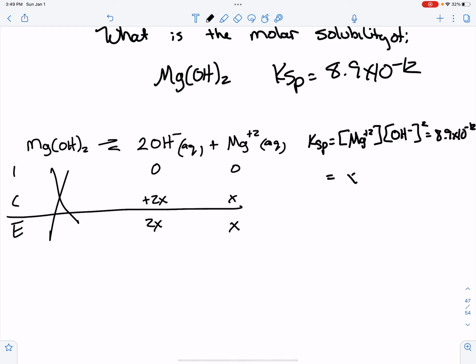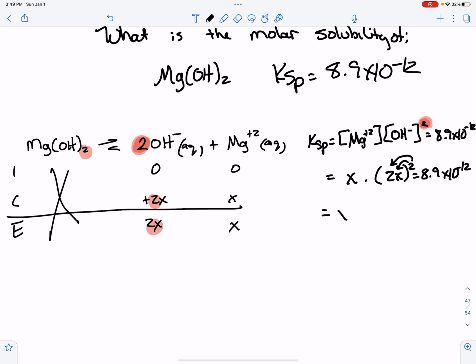So this is x times, be very careful right here, that's (2x) squared. Again, all the 2's are there. It's because of that one right there. And again, because of there being a 2, that's squared. And make sure when you do the math, you actually do square both the 2 and the x. The square applies to everything inside that parentheses.